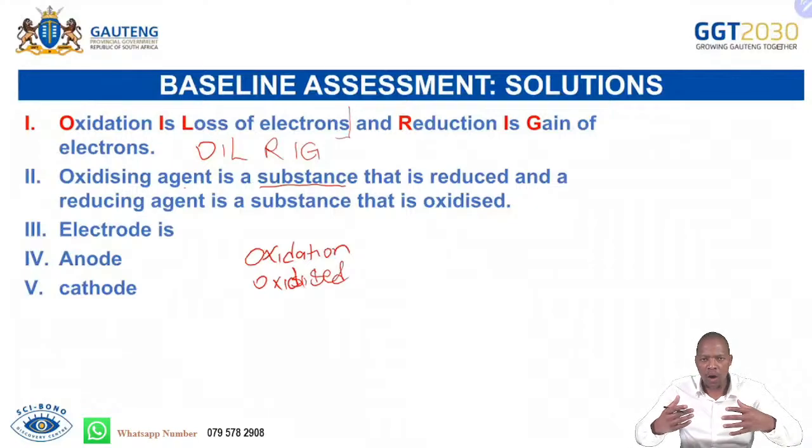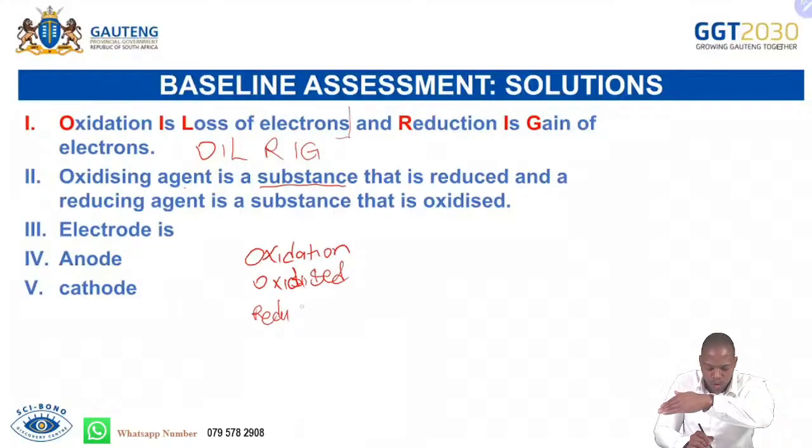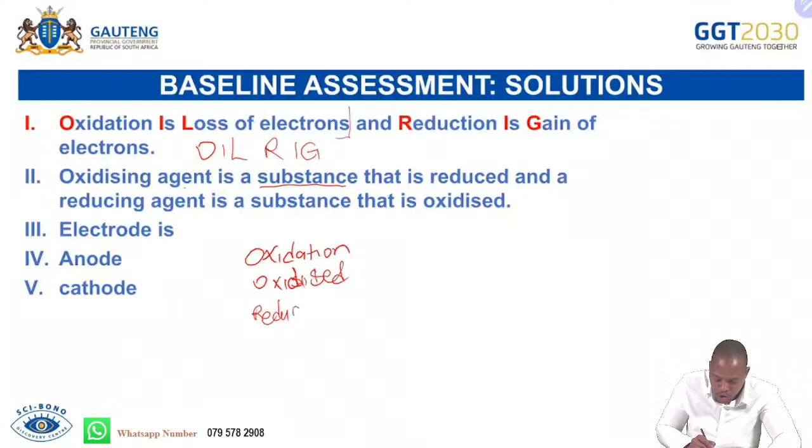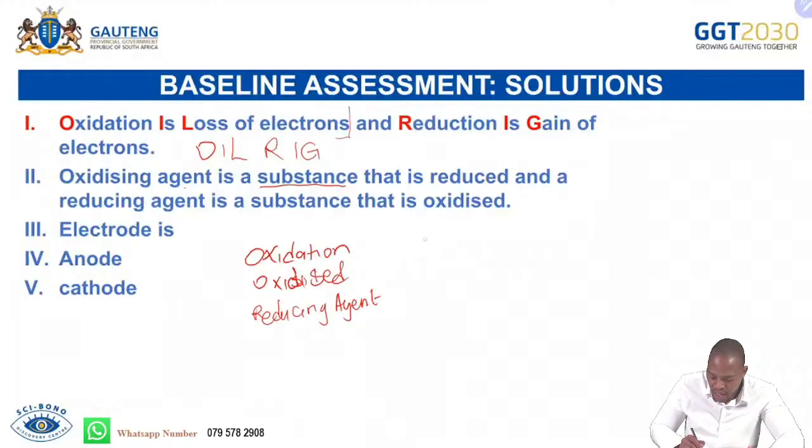So that's not how it works. It must be oxidized by something. It is oxidized by the oxidizing agent, but itself, it is the reducing agent, because it does not do the oxidizing. What the substance does, it gives the electrons. So there's another substance that will be undergoing reduction.